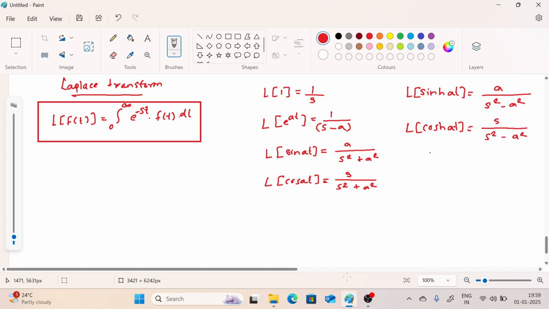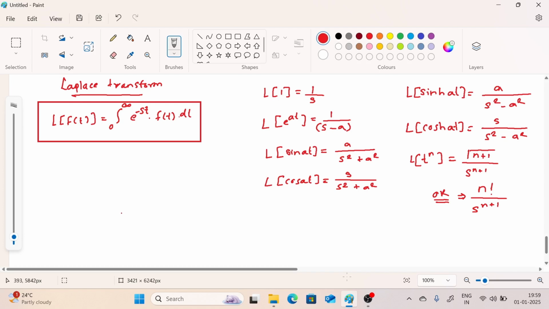And finally we discovered Laplace of t raised to n is equal to gamma function of n plus 1 upon s raised to n plus 1, or we can rewrite this formula as n factorial upon s raised to n plus 1. In both ways you can mention it, no issue.